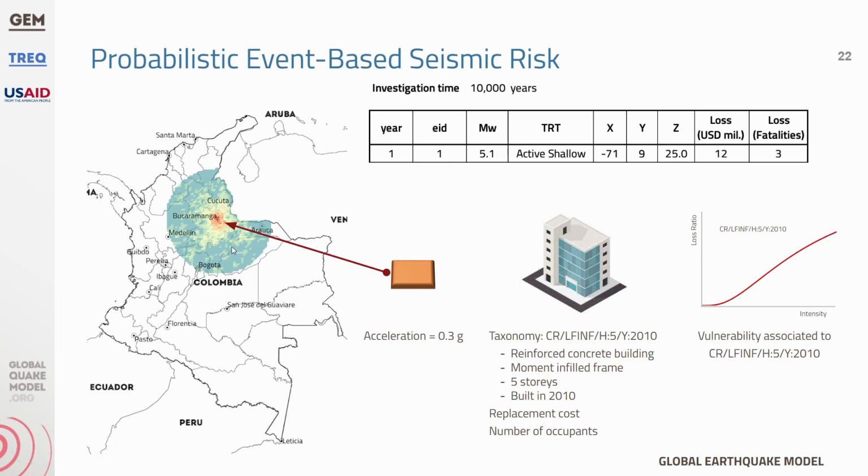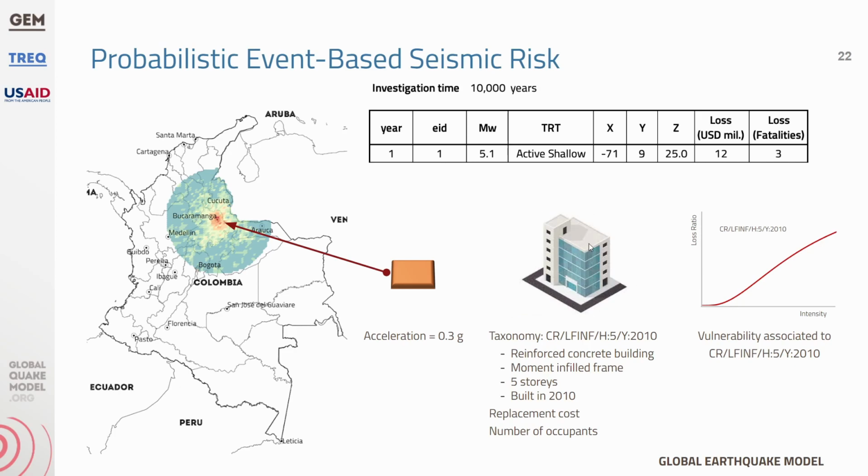And then if we take all the losses, if we repeat the exercise, not just for this point, but for all the points in this map, where we have exposed buildings, where we have exposed people, if we have the information about what we have exposed and the vulnerability, then we will be able to estimate the losses, economic losses and the human losses for every single exposed asset.